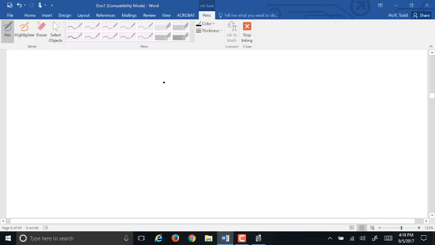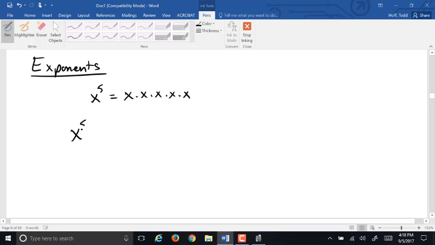Before we can move on then to the next part, we have to discuss exponents a little more. We know that x to the 5th means 5 x's multiplied together. So what if I have x to the 5th times x to the third?